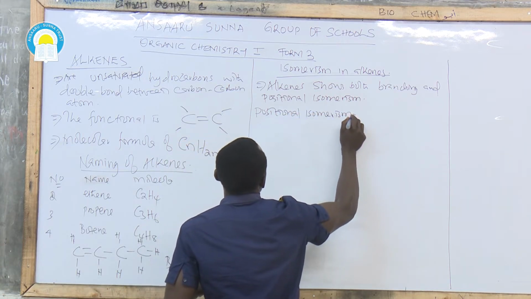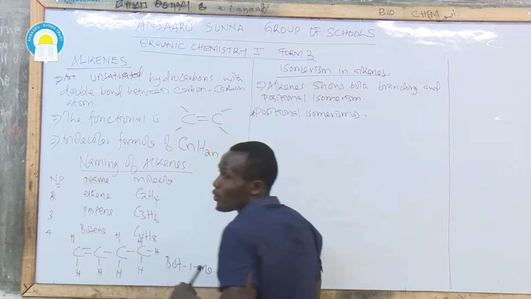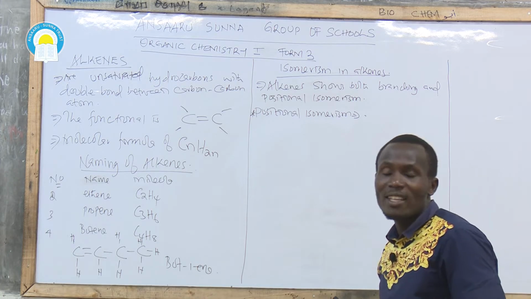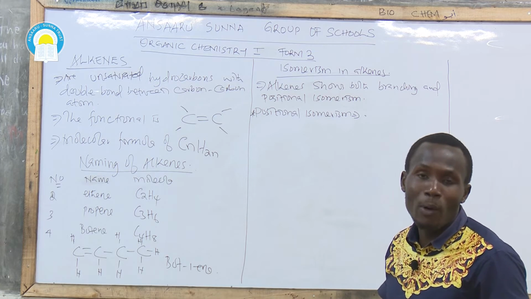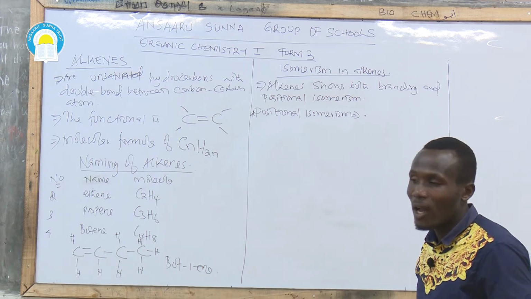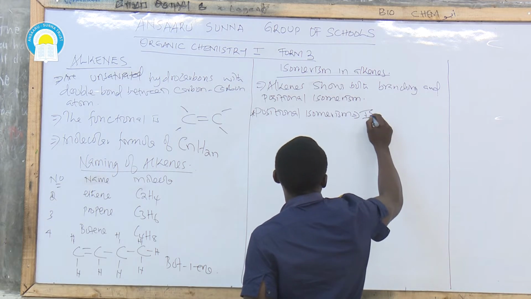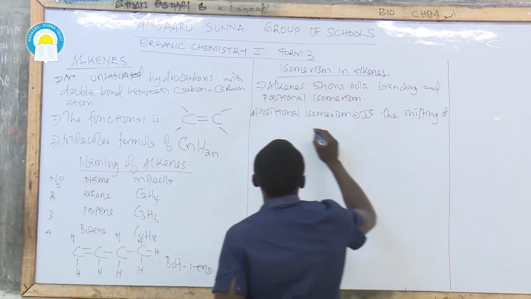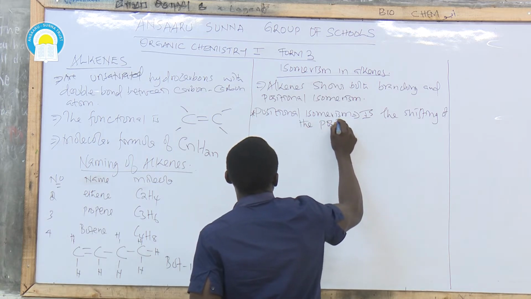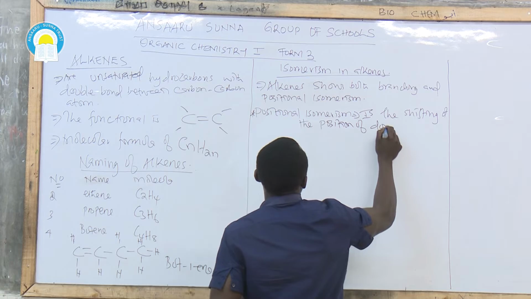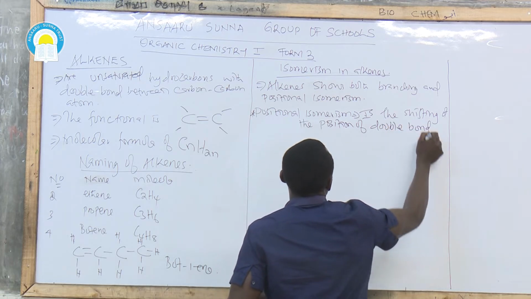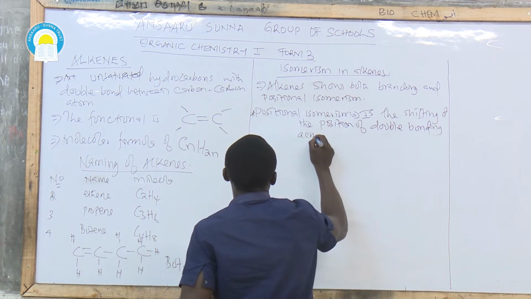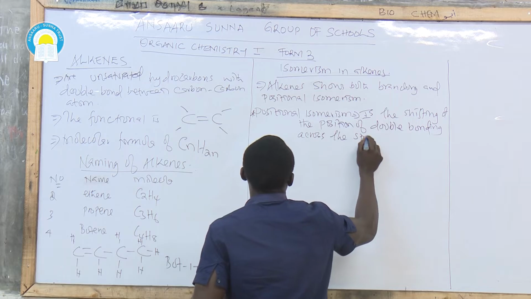Positional isomerism is the shifting of the position of the double bond across the structure.